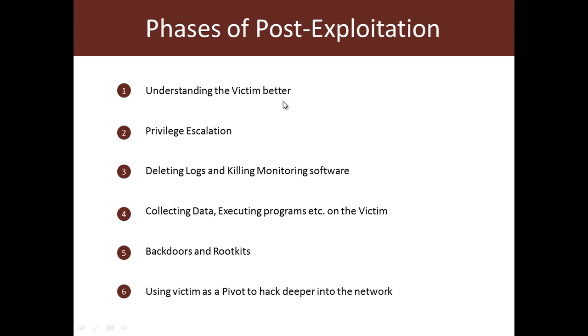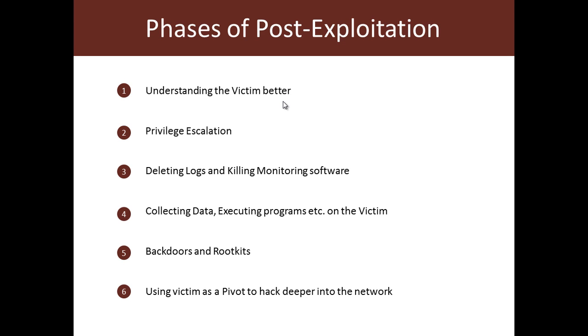Phase 1 is understanding the victim better, which is knowing more about the system you've broken into. Privilege escalation is generally done when maybe you've broken in as a less privileged user and you want to gain system or something else. Third would be deleting logs and killing any monitoring software, including AVs and firewalls and whatnot.